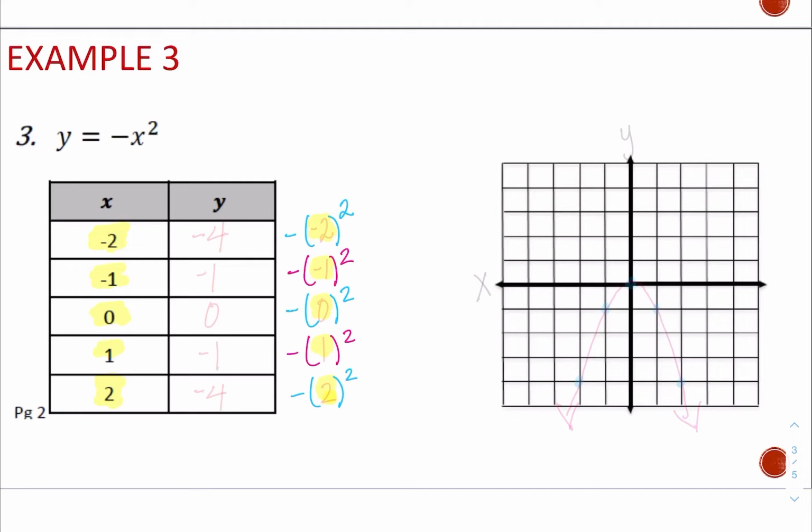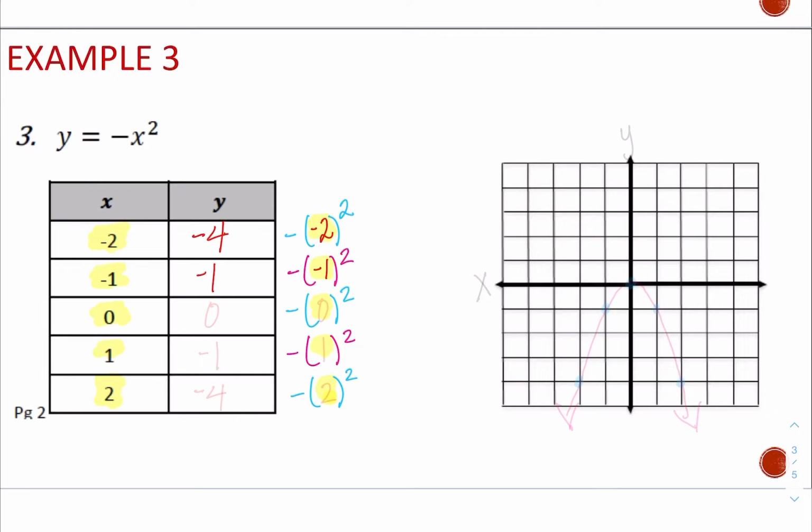First, when you input -2, please be careful. -2 does go on the inside of the parentheses. Examples like this are the reason why we use parentheses, to make sure that your final answer has the correct sign. You should get -4. When you input -1, you should get out -1.